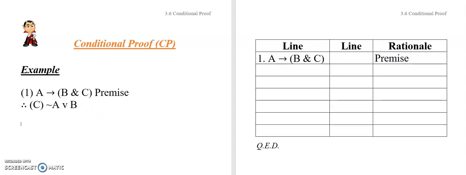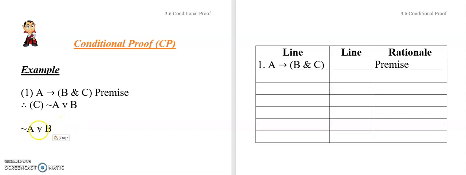Okay, so hopefully some of you have figured this out, but not A or B just becomes if A, then B, right? By what rule is that? That's impl A, okay?